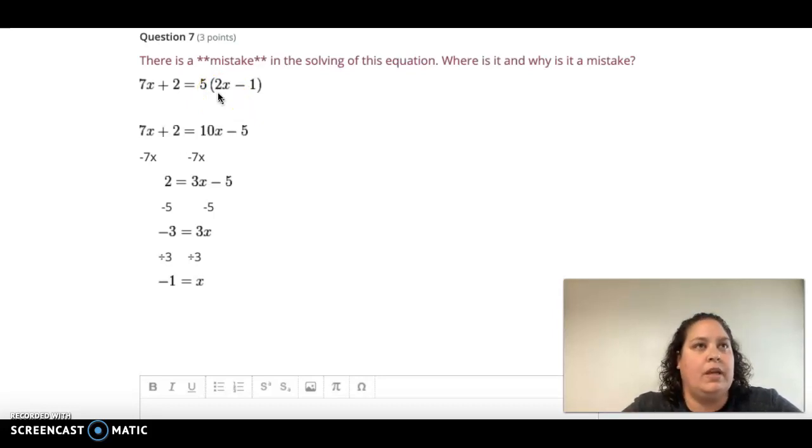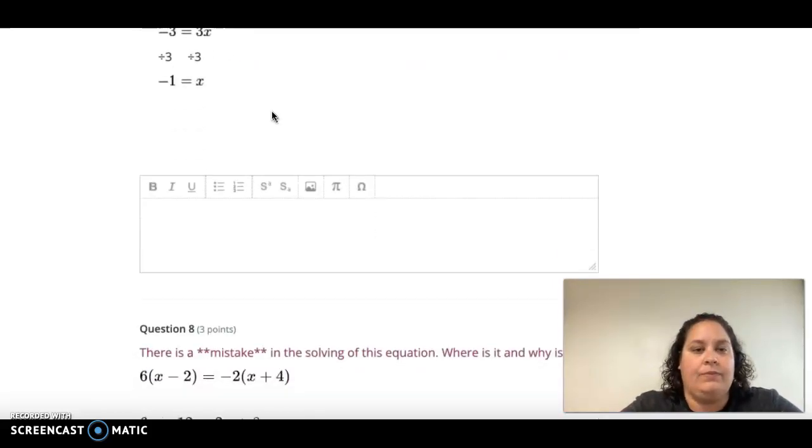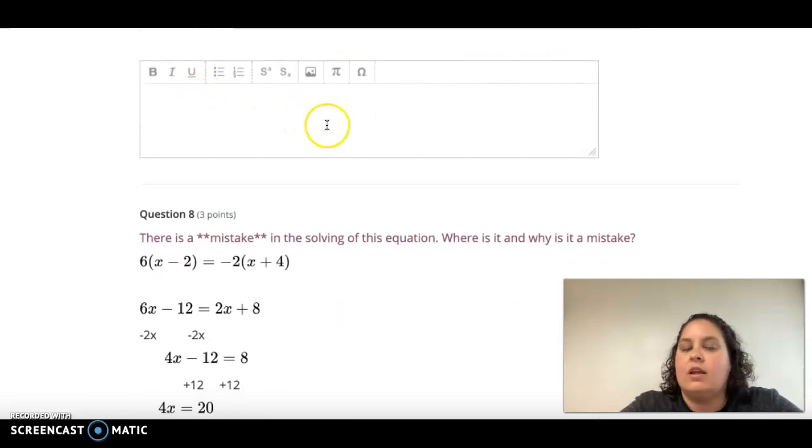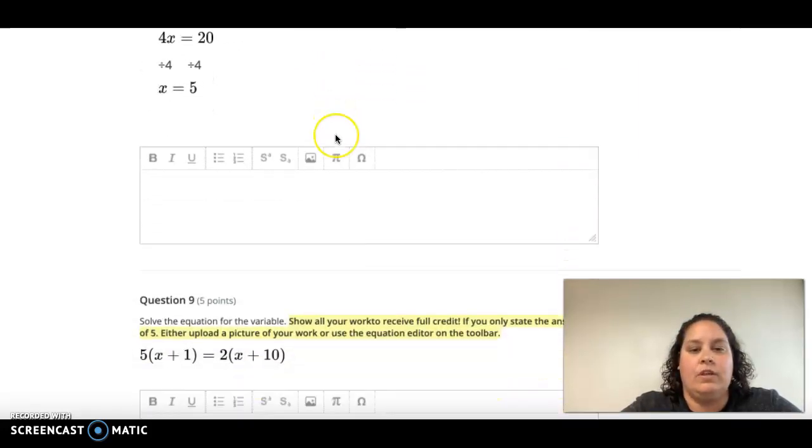This part of the equation should be 10 instead of 20. If they added instead of subtracted, that's what you need to state. On the 3rd line, they added instead of subtracted. You need to explain your answer, okay? So that's why these boxes are there. Nice written explanation for these 2.